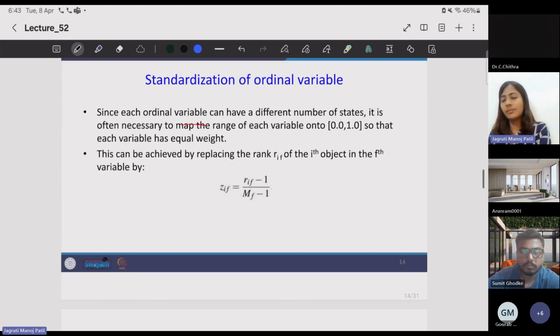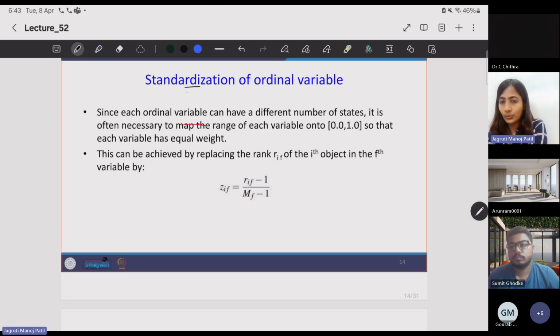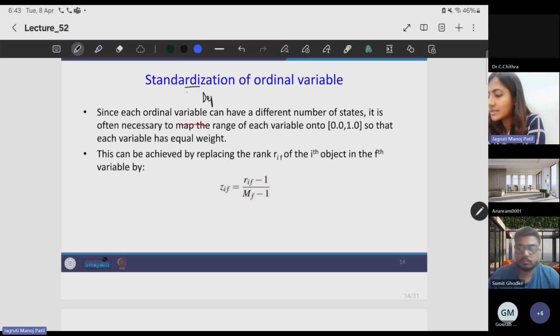Now in this case also you'll be able to do some standardization. Be mindful that this standardization is not dependent on the unit of your measurements.